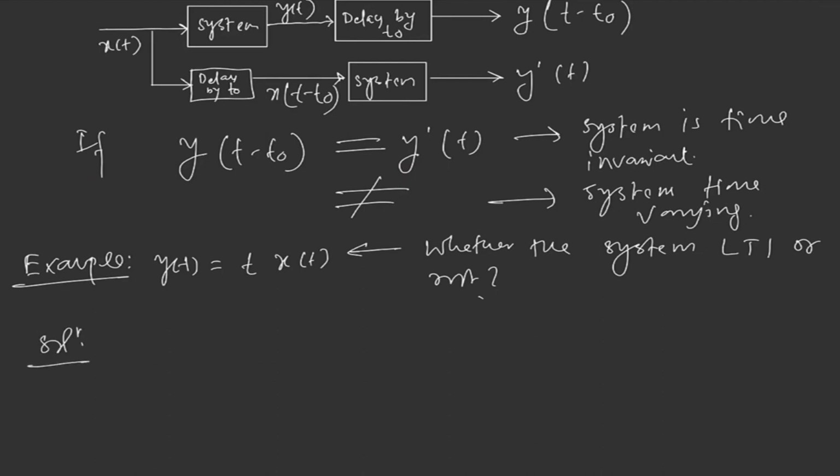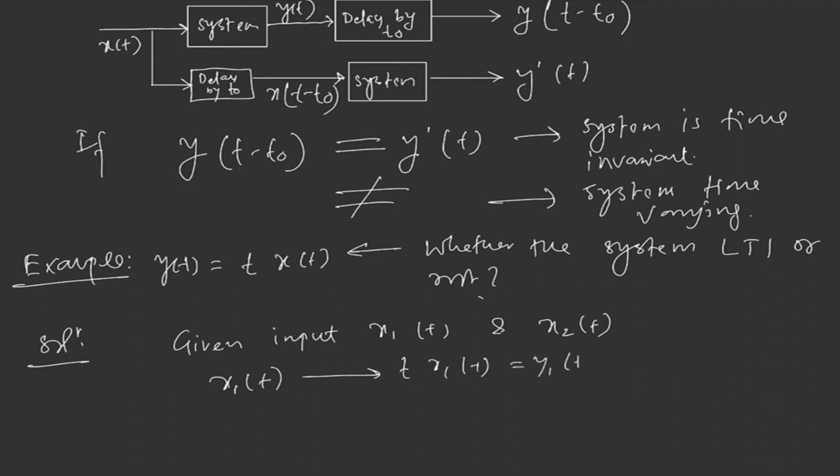Let's assume the inputs are given inputs. I'm not writing the block in blocks, it is the same way you can write it mathematically. Given inputs are x1(t) and x2(t). For x1(t), the output I'm getting through the system T is T[x1(t)], or I can write y1(t).